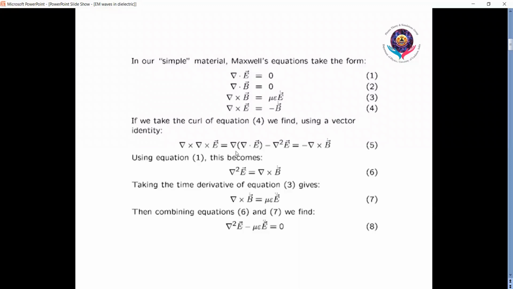So when this term becomes zero, only this term remains on the left, and this term remains on the right hand side. The negative signs on both sides cancel out. And the equation now becomes del square E is equal to curl of B dot, that means curl of del B by del t.